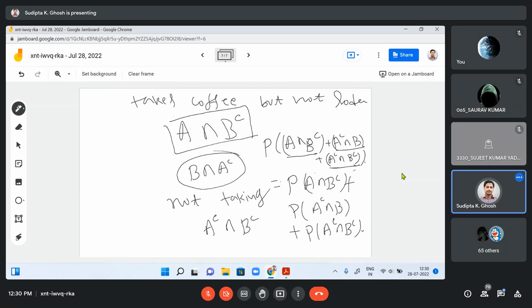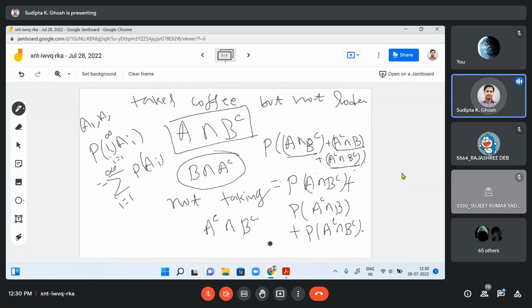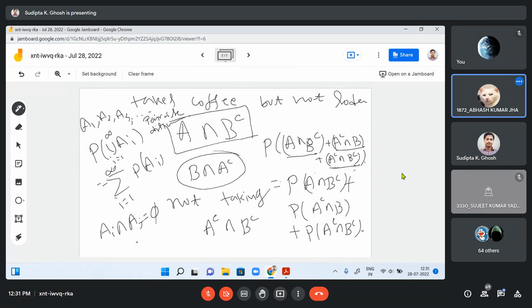By the rule of axiom number 3, the probability of the union of A_i for i equal to 1 to infinity is given by the summation of P(A_i). Am I correct? Yes, sir. If A1, A2, A3 and so on are pairwise disjoint events, just remember, these are pairwise disjoint events. And what is pairwise disjoint? A_i intersection A_j is empty, for i not equal to j.